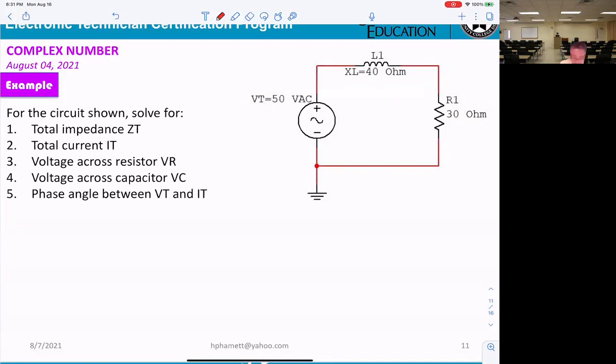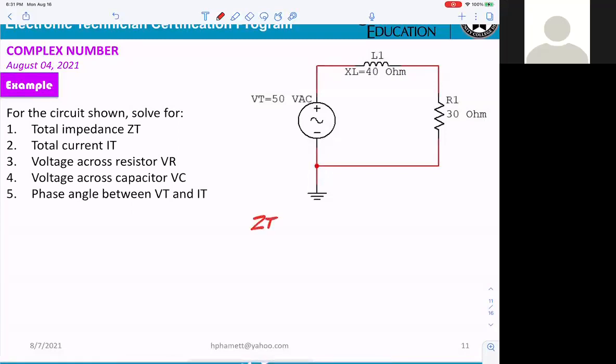Only thing I want, give me the answer. The first one is 30 plus 40J.